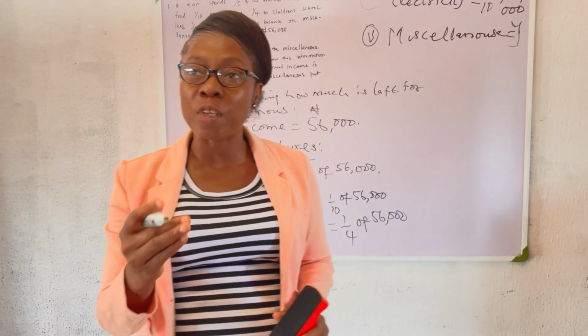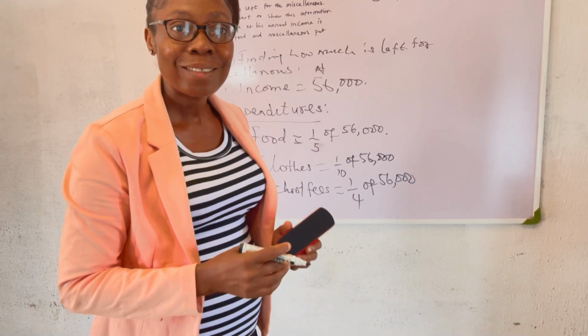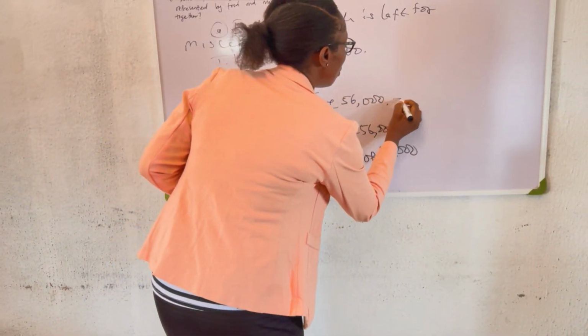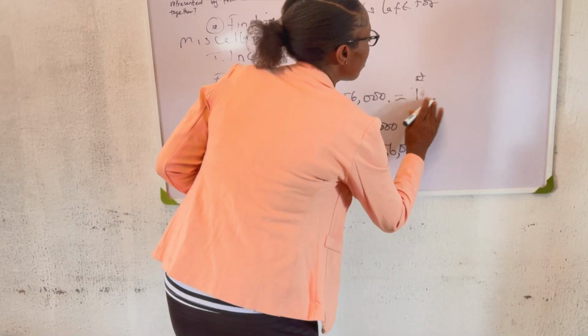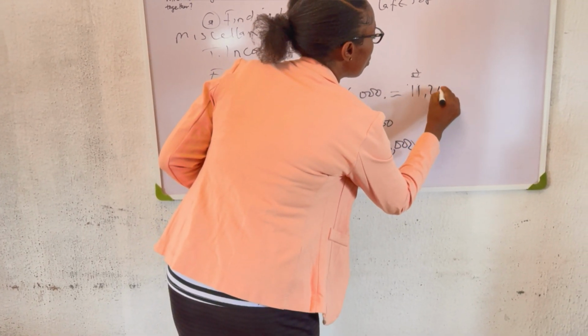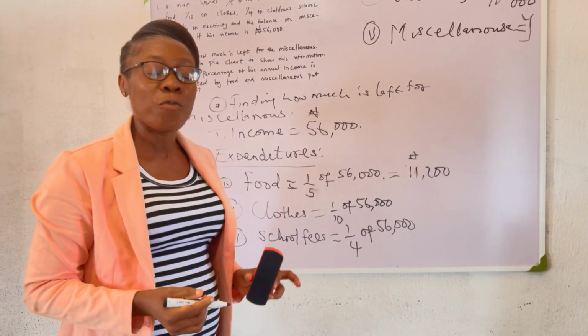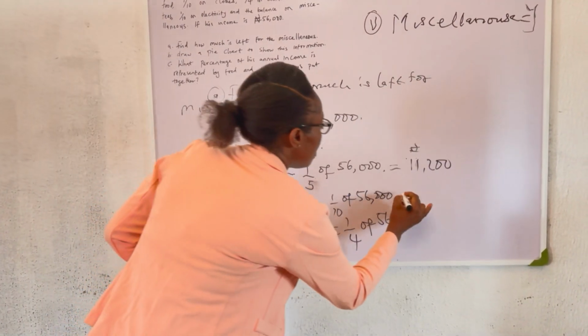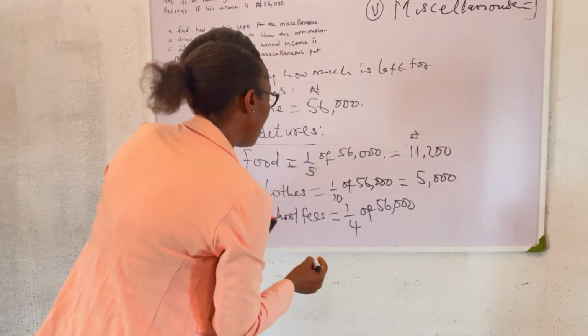So 1/5 of 56,000 is going to be what? 11,200. Good. This will give us 11,200 naira. 1/10 of 56,000 is 5,600.